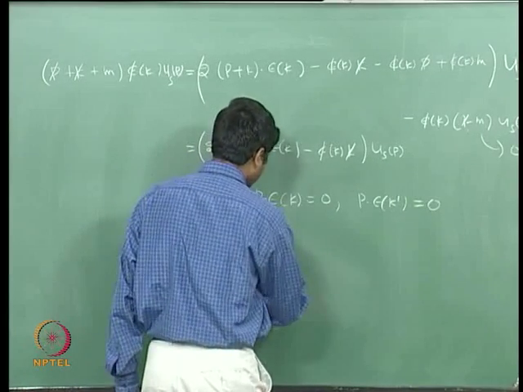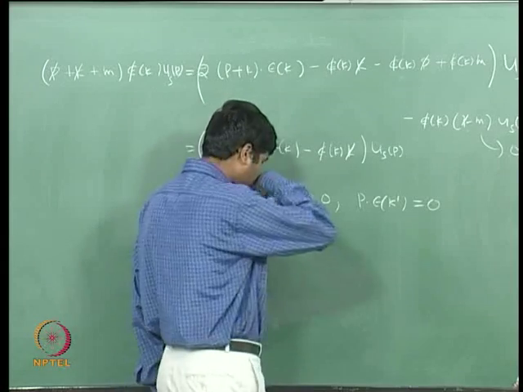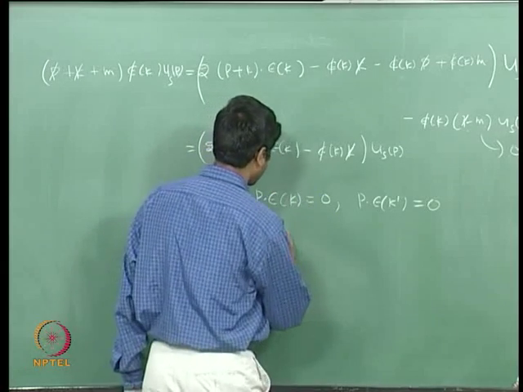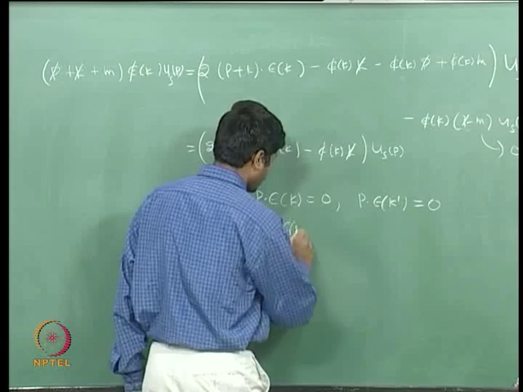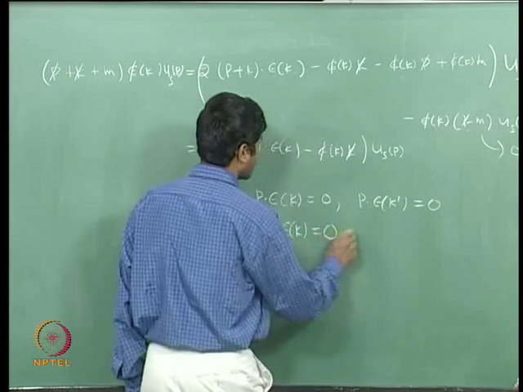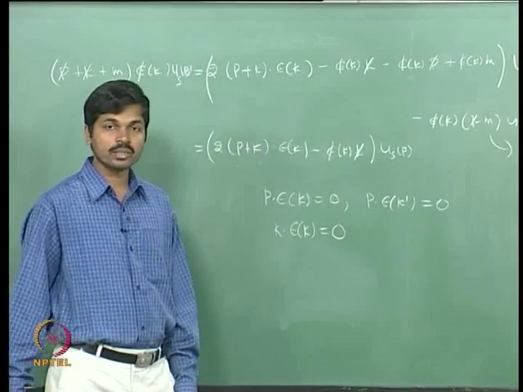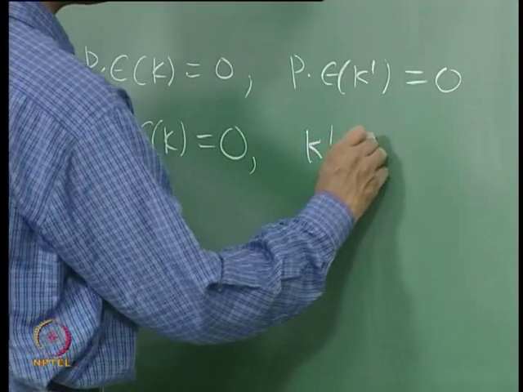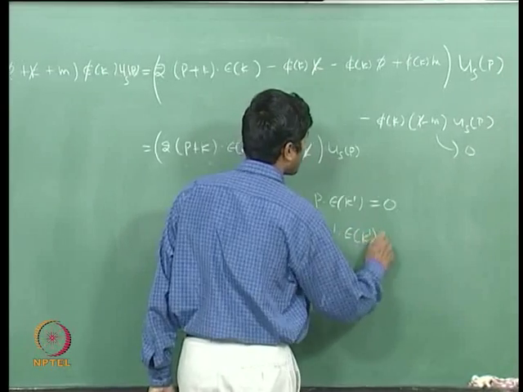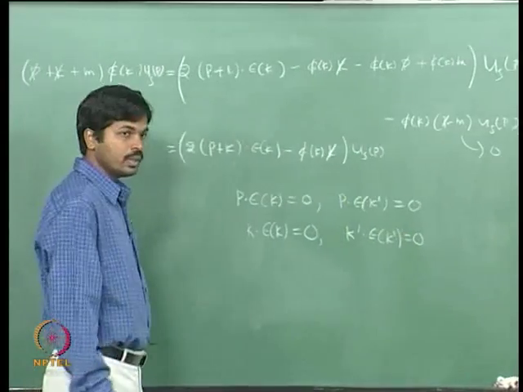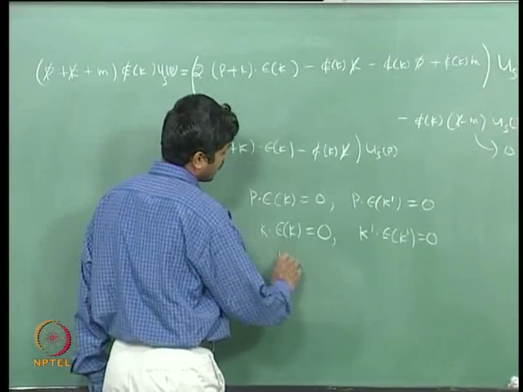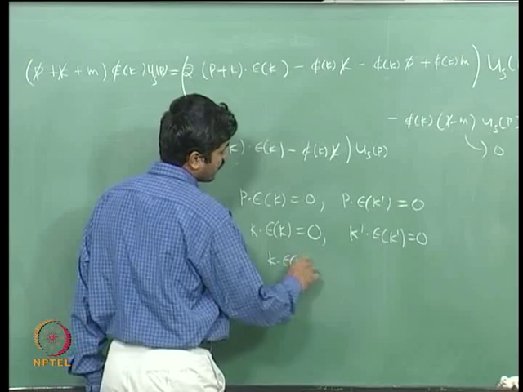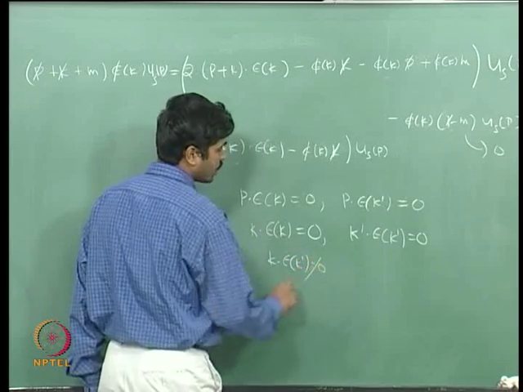On the other hand, since epsilon represents the transverse polarization, it will be orthogonal to the corresponding 4-momentum of the photon. Therefore, k dot epsilon k equal to 0, whereas k prime dot epsilon k prime equal to 0. Remember, transverse does not mean that k dot epsilon k prime equal to 0, it is not true.